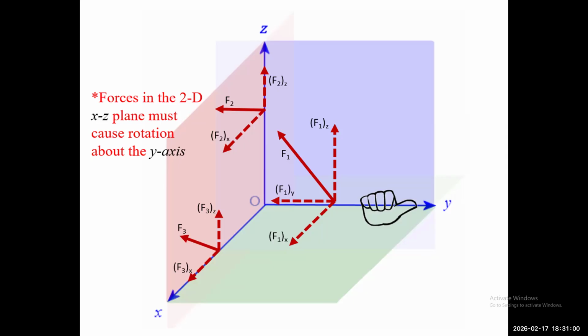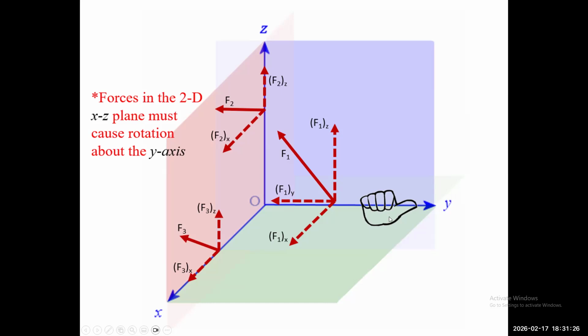Similarly, in the y direction, if you have a force in the 2D XZ plane, which is the red plane here, it must cause rotation in the y direction. So the plane we're talking about is the XZ plane, the red plane, and your moment is going in the y direction.